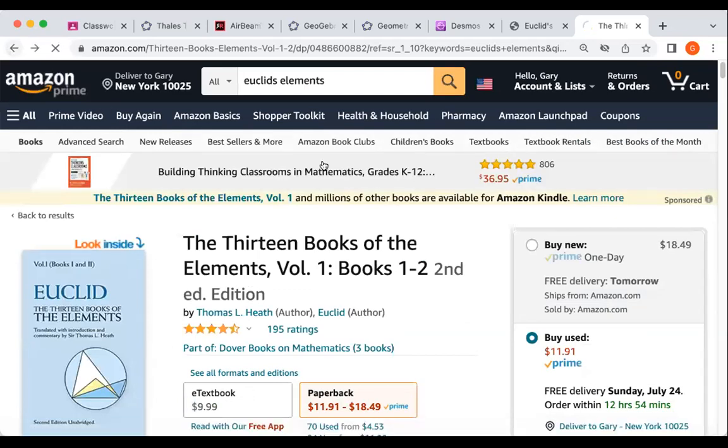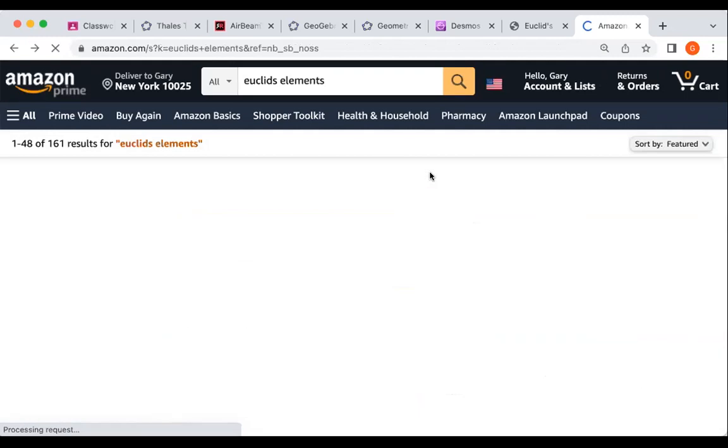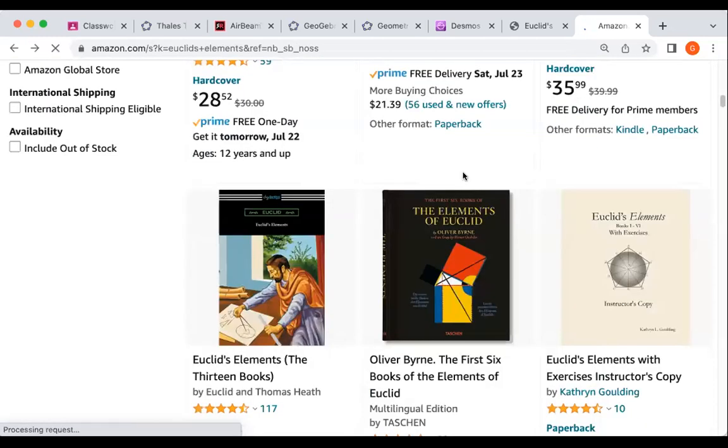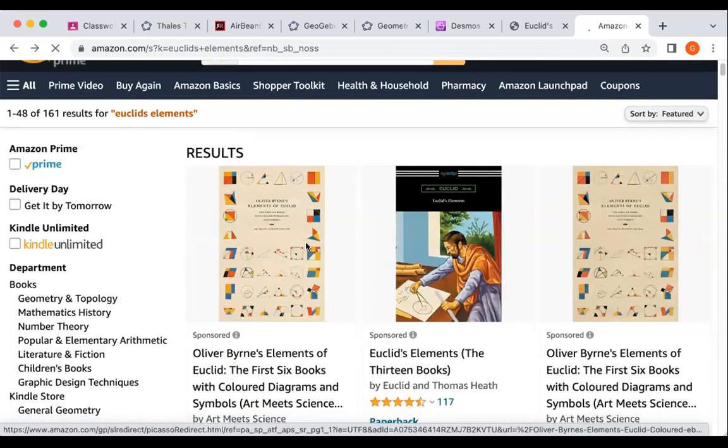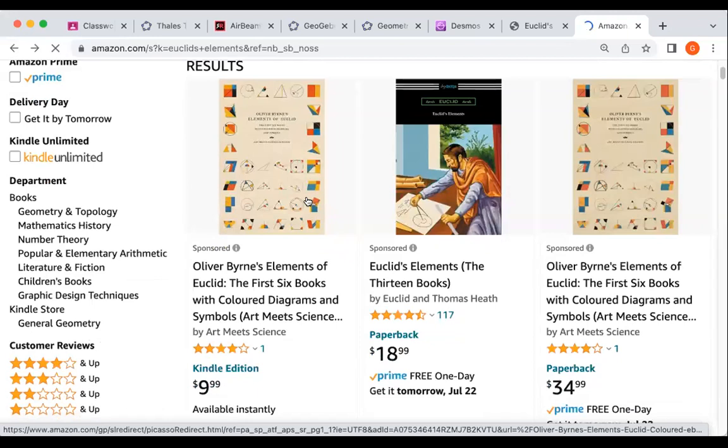In the 1800s, somebody made a visual version of it. So you can buy a single copy here, Oliver Byrne's Elements. This is pretty cool, and they're selling that for $9.99.